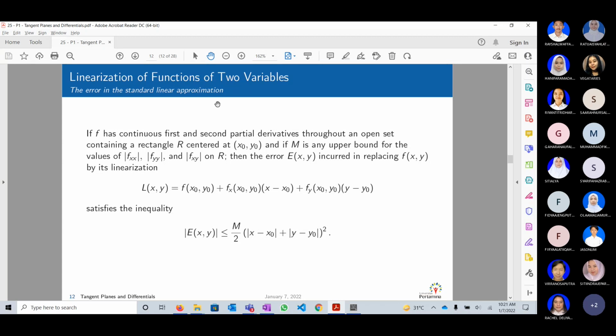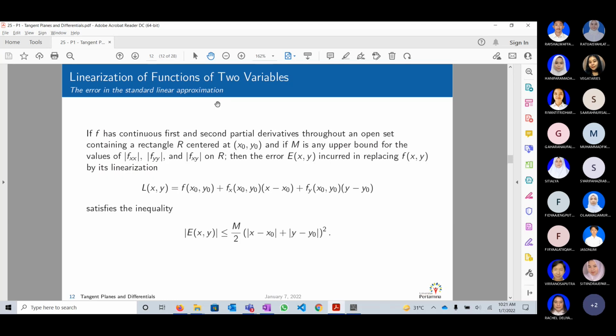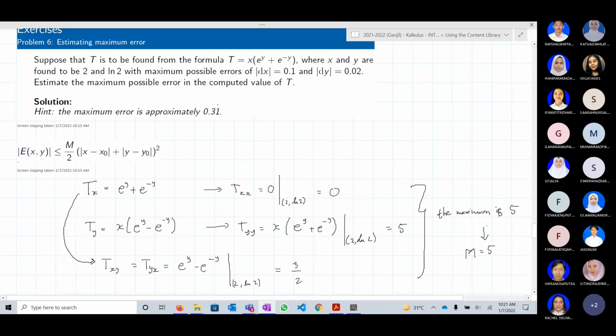Oh, this is... The upper bound for this guy, let me check the curve first.